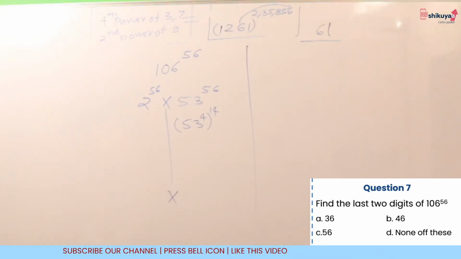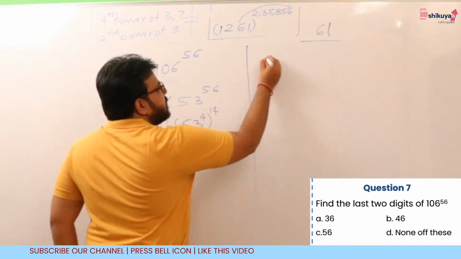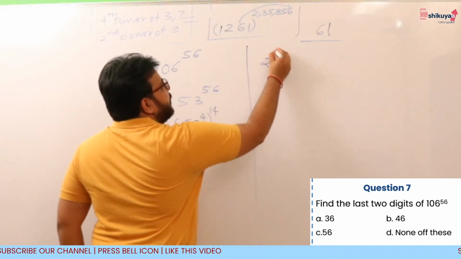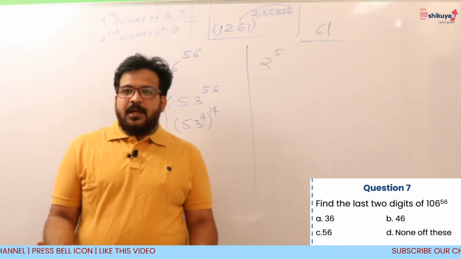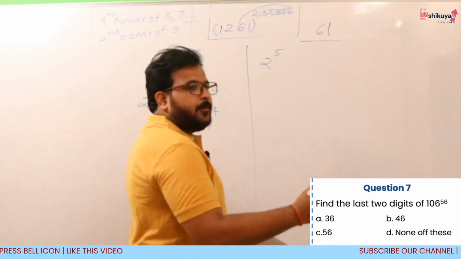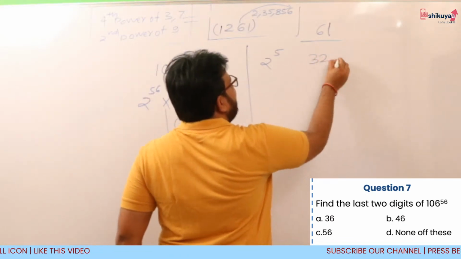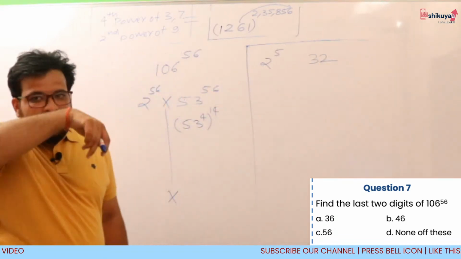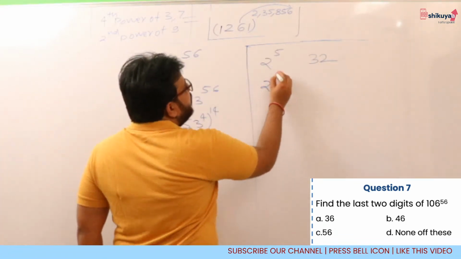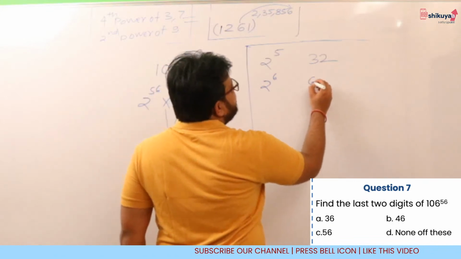Chalo, let's see. So first, what is the fifth power of 2? We have to be quick with this. The fifth power of 2 is 32. Am I right? So what is the sixth power of 2? That is 64.